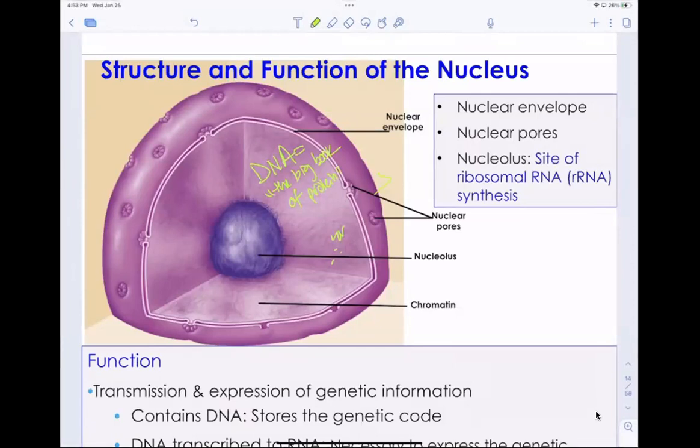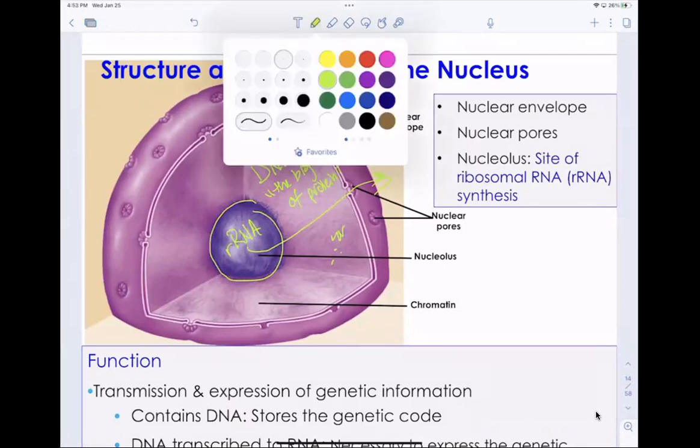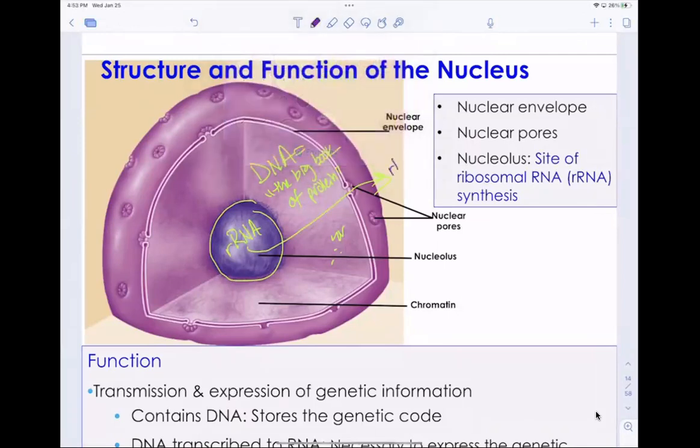Inside the nucleus, deep, is the nucleolus. This is where ribosomal RNAs are formed, and then ribosomal RNAs will leave the nuclear pores and go out and help build proteins. So ribosomal RNAs, we just call them ribosomes, and they help build proteins, right?